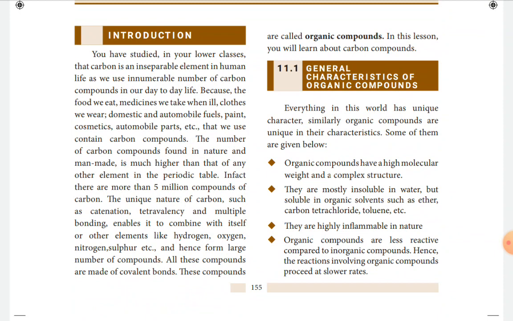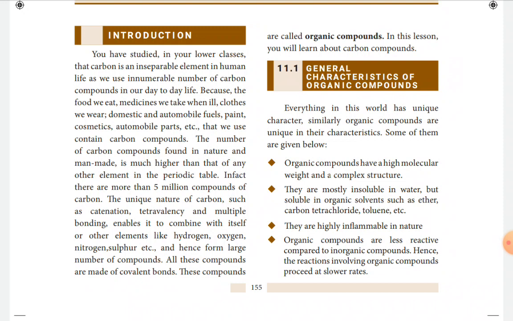Without carbon, there is no possibility for the existence of plants and animals, including human. This you have to keep in your mind. That's why we say carbon chemistry is called living chemistry, because without carbon, there is no existence of life on this earth.